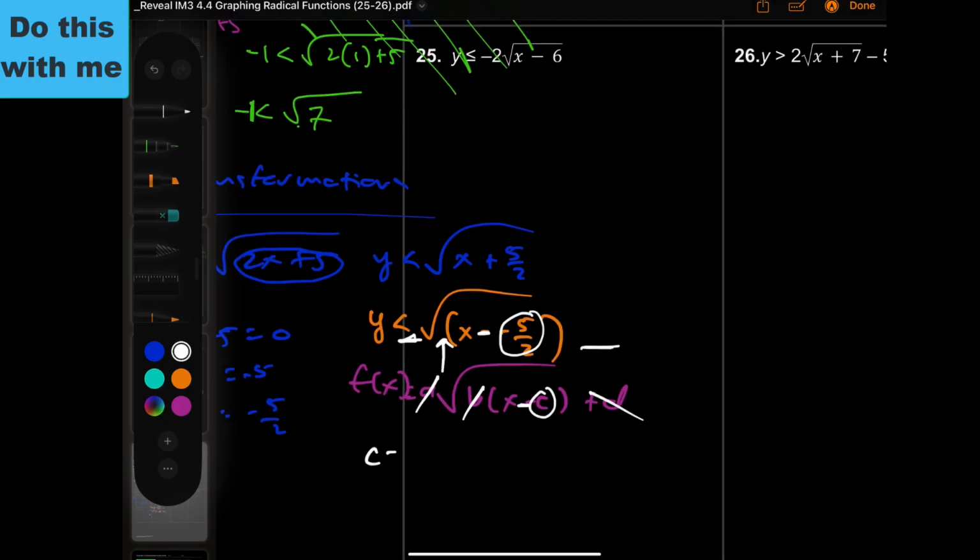And if the c value is 5/2, we just learned that if c is greater than 0, then you're going to go to the right 5/2.